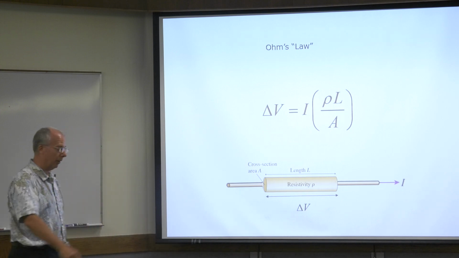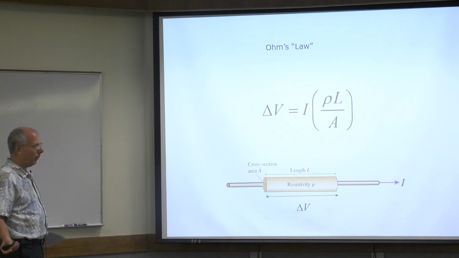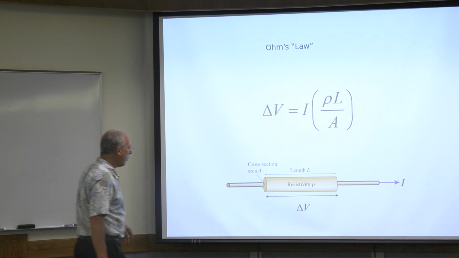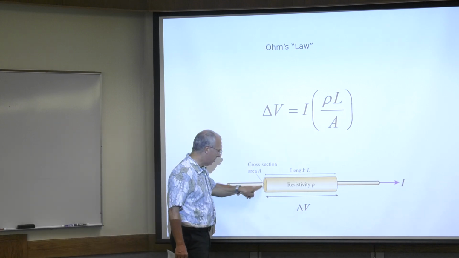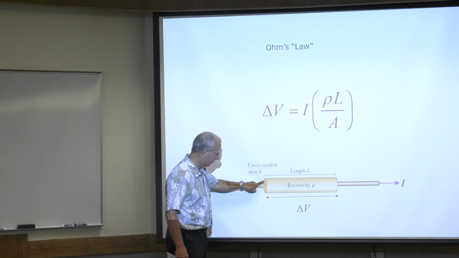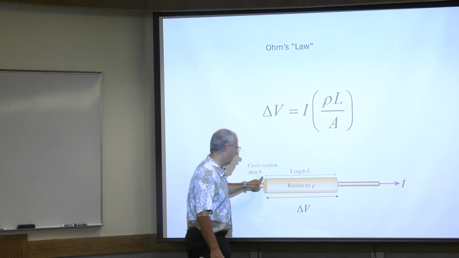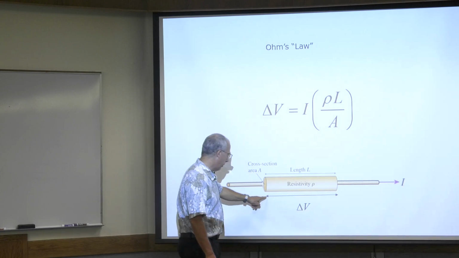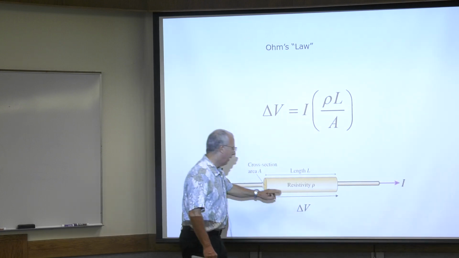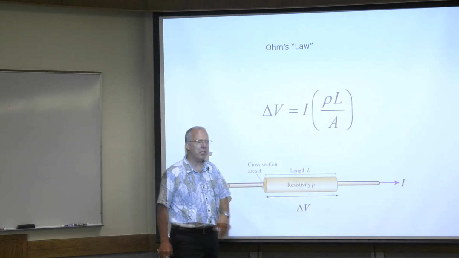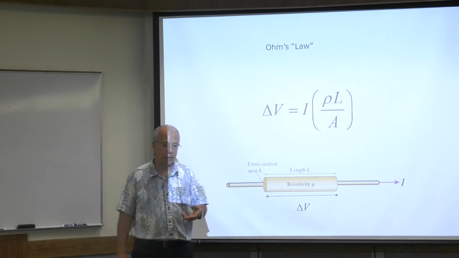But now we want to talk about reality. So here's a wire. Let's say it has cross-sectional area A. We're going to assume it's a circle. It has length L. There's going to be a potential difference, delta V. And there's something called resistivity. Resistivity is a property of a material.